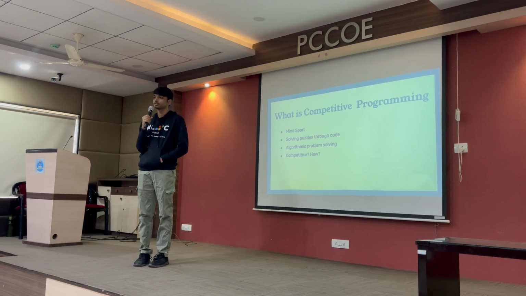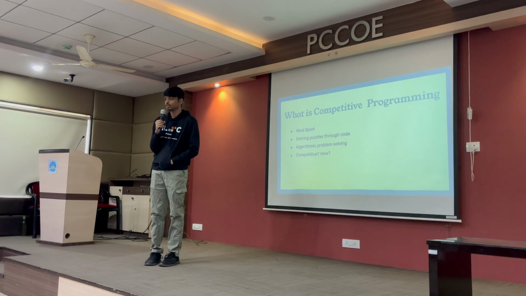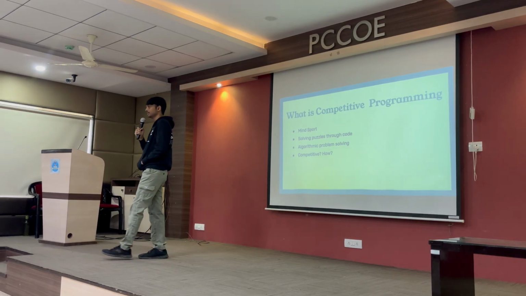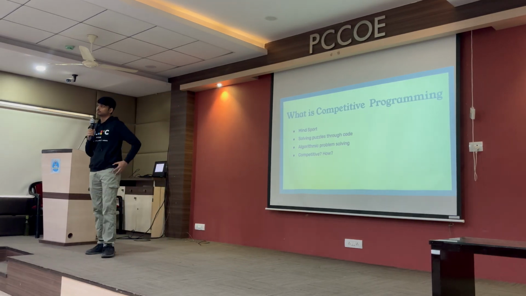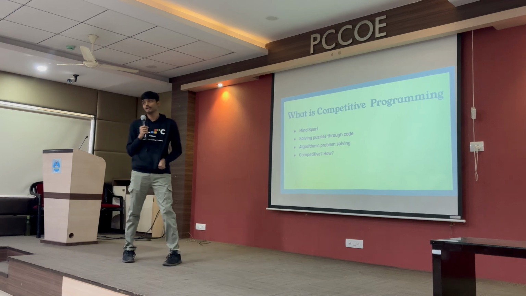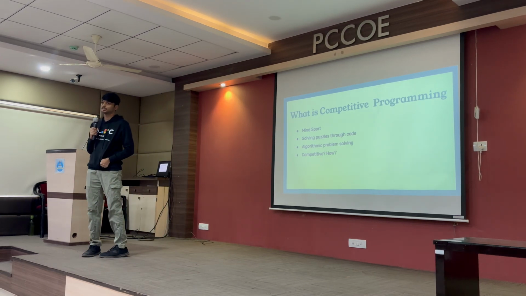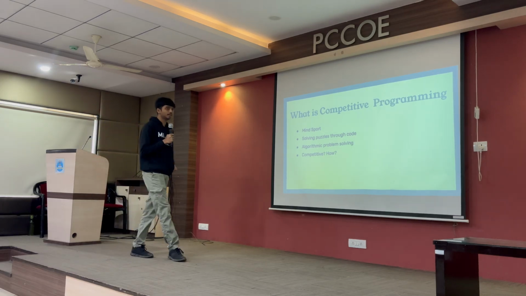Yes, that is one of the approaches. Any other approach? Yes. So there is a formula for calculating the sum till n for natural numbers. It is n into n plus 1 by 2.